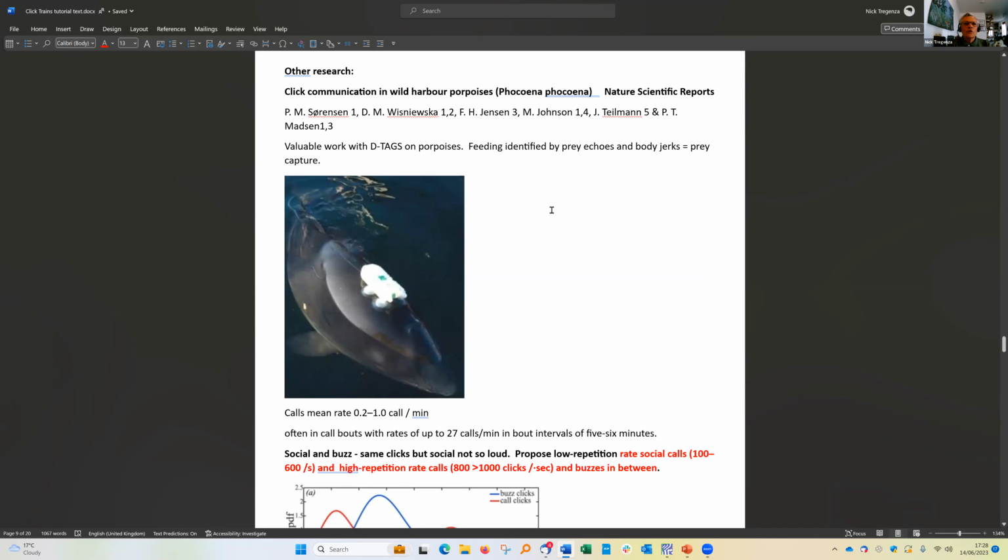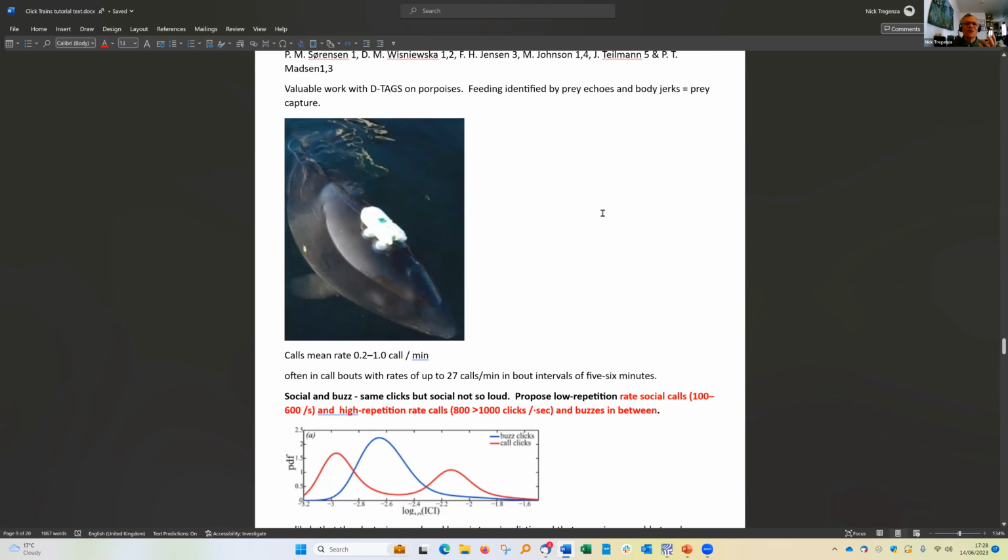So just to refer to some of the other work on this. This is a very good paper by Sørensen et al. They put D-tags on porpoises, and they adopted very tough criteria. They said it's feeding if we can see echoes of the prey and a body jerk as the porpoise moves rapidly to actually grab the fish.